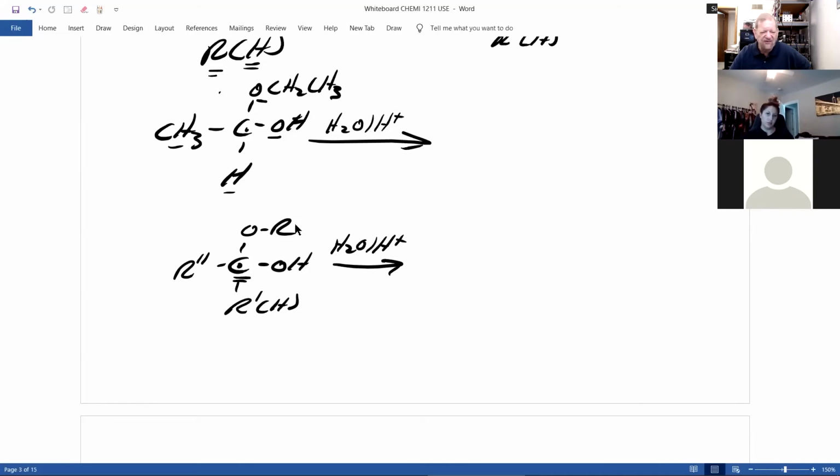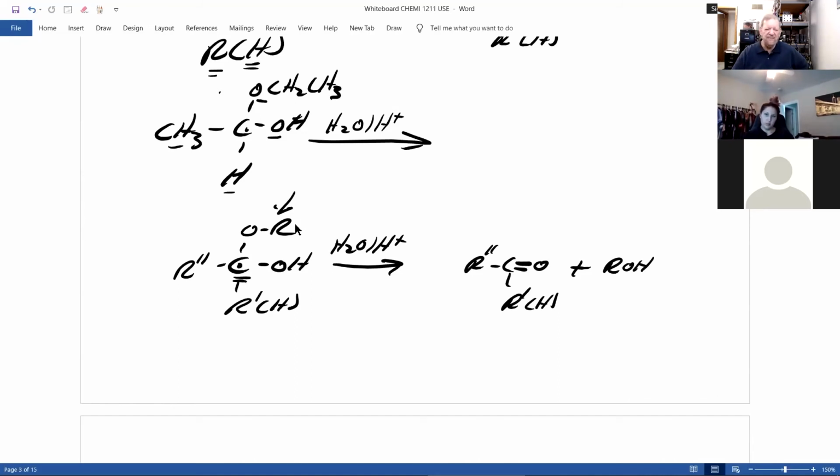What's attached to this carbon with the two oxygens, R prime or hydrogen, R double prime, are still there. And this becomes a ketone or aldehyde that you would have used to make that molecule. And then this part here becomes the alcohol you would have used to make that.